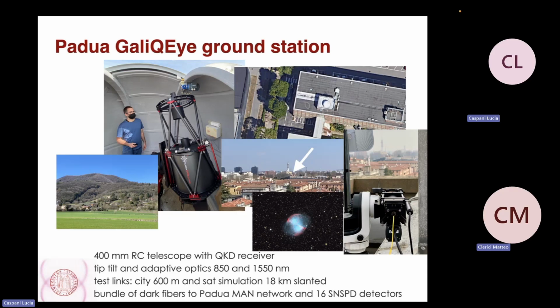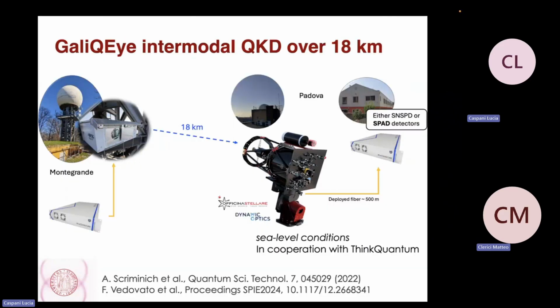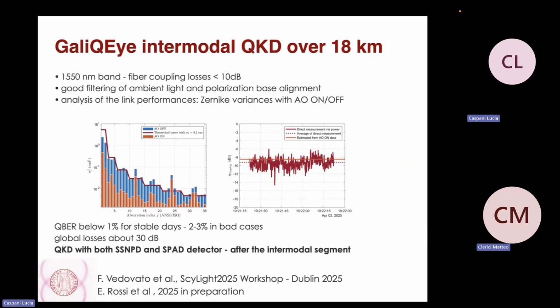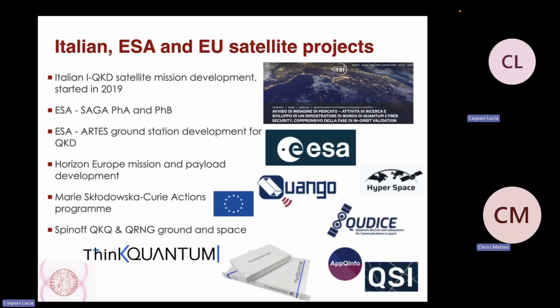We have an Alice on a hill near Padova, about 20 kilometers away, and a closed loop, including fiber, free space, and fiber back to our lab. This is quite unique as a test bed, and is also used by our other colleagues in Europe.